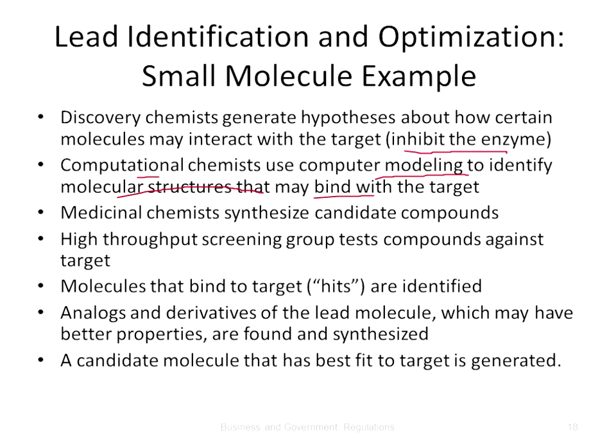Then medicinal chemists synthesize the candidate compounds, and so you have lots of different compounds that have been synthesized, and the high throughput screening group, HTS group, gets involved and tests all the compounds on the target protein.